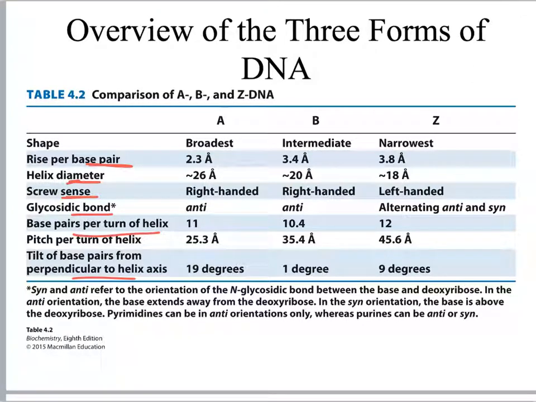And so remember, in the B form, that B form was nearly perpendicular to the plane of the axis, well, we're going to see tilts in the A and Z form here. So you want to be able to differentiate between these different forms and know a little bit, at the very least, in terms of the rise, the helical diameter, and the screw sense of these things. Also, that there is tilt relative to that axis that runs through.